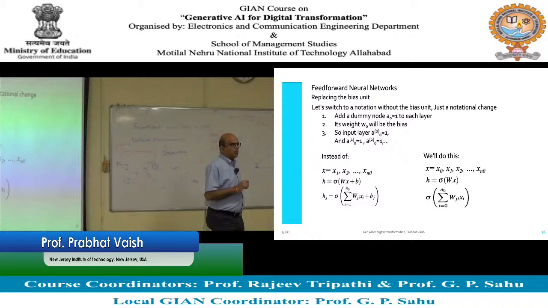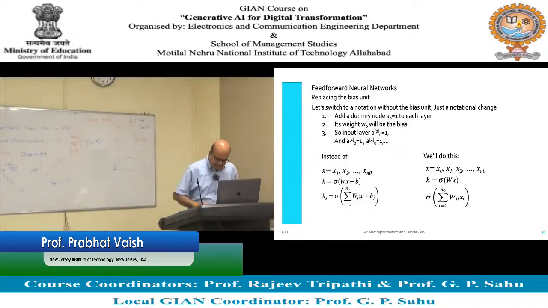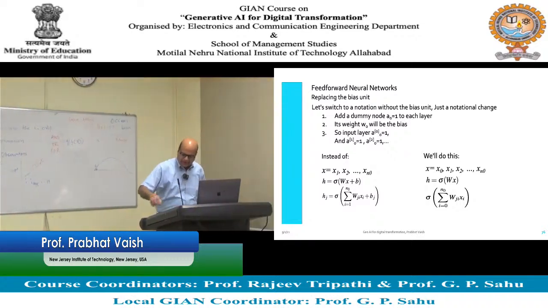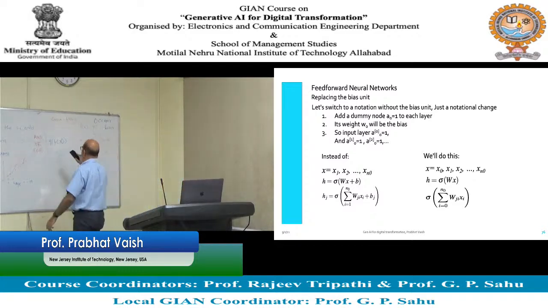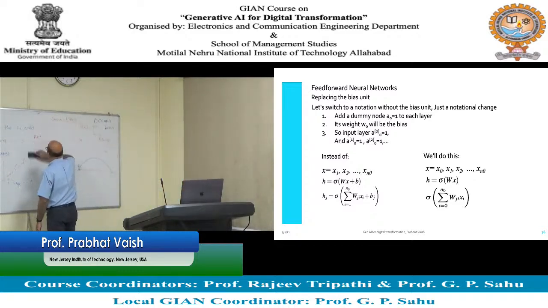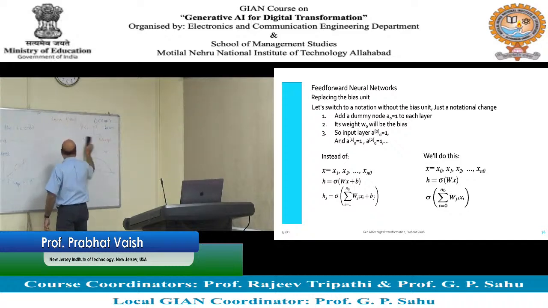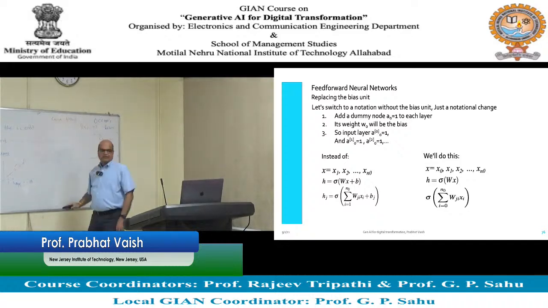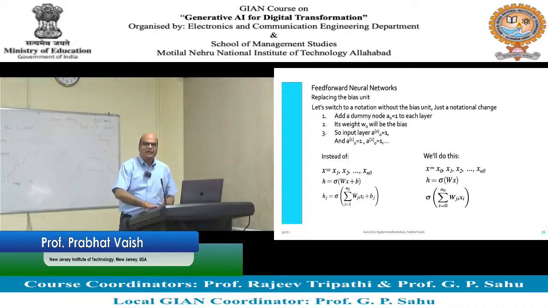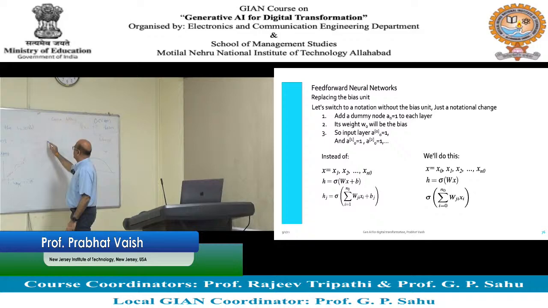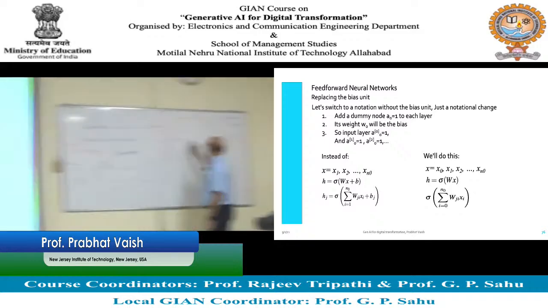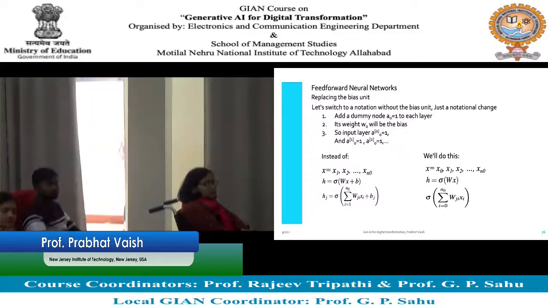Okay, let me ask you one question. I don't have it in the slides, but how many of you are familiar with matrix multiplication? How does matrix multiplication function? Row of the first matrix and a column of the second matrix.